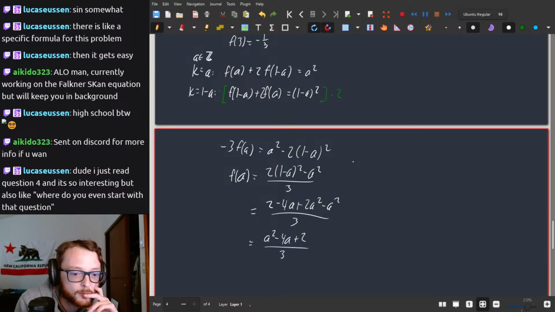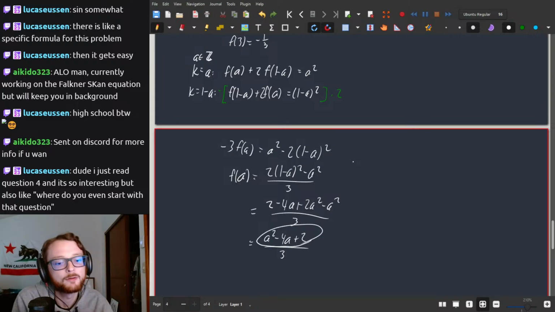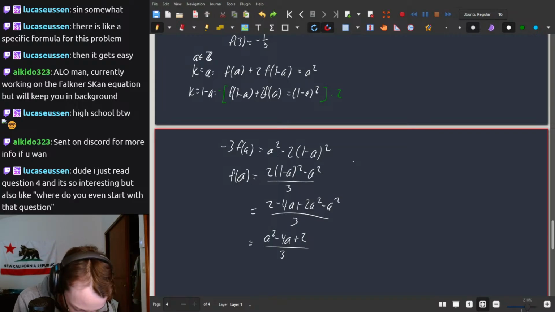That's not factorable. Okay, so I guess the problem now is prove this thing is not divisible by 3. And then you're done. How would you do that?